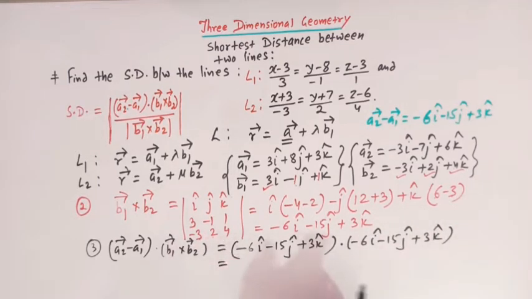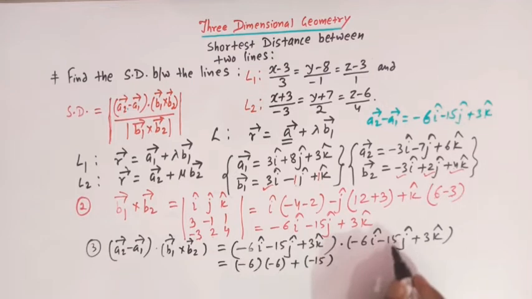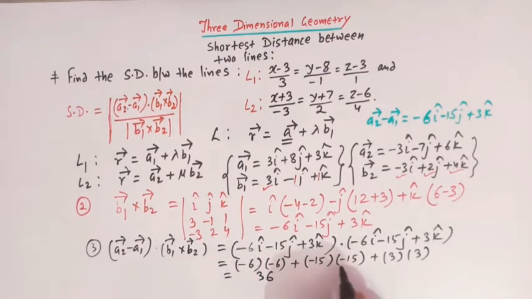The dot product of these two vectors is given by minus 6 times minus 6. The i components will be multiplied, and then the j components, that is y components, minus 15 into minus 15, and then the z components, so we have 3, and here also we have 3. So this is 36, this is 225, and this is 9.